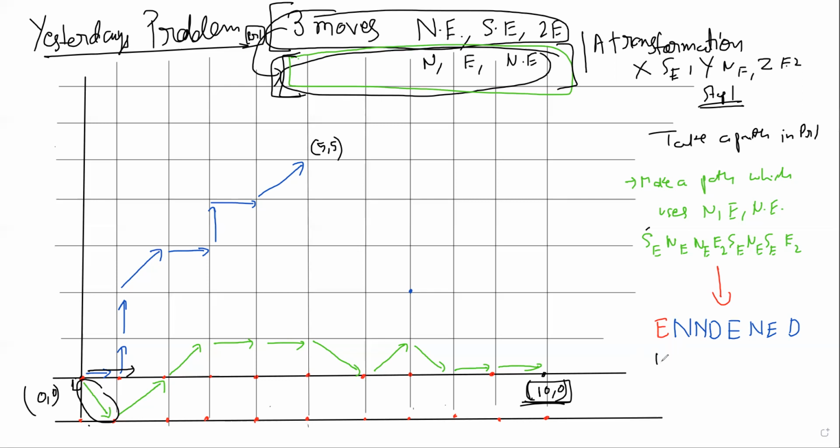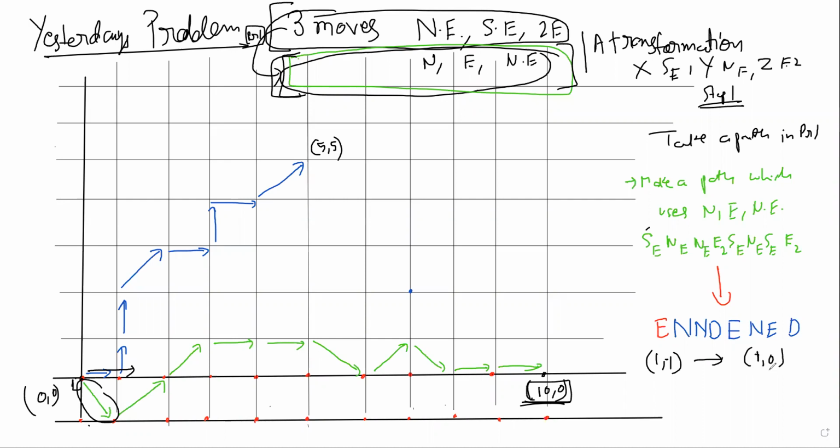Basically, every time you apply a force of 1 comma minus 1 in this world, that is getting transformed into 1 comma 0.